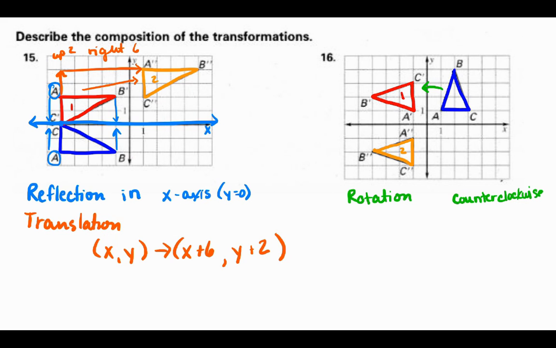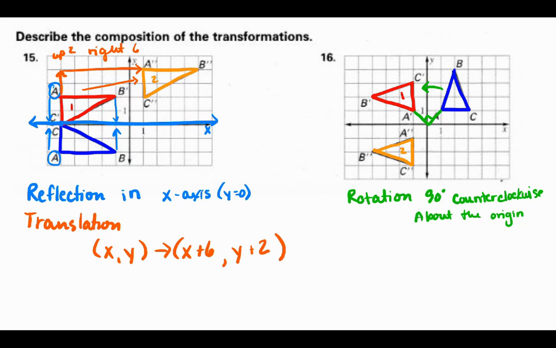To find the center, look and see what you can find that appears to be about halfway between A and A prime. A lot of times we are just using the origin, so we are turning this about the origin. And then the angle here is 90 degrees.